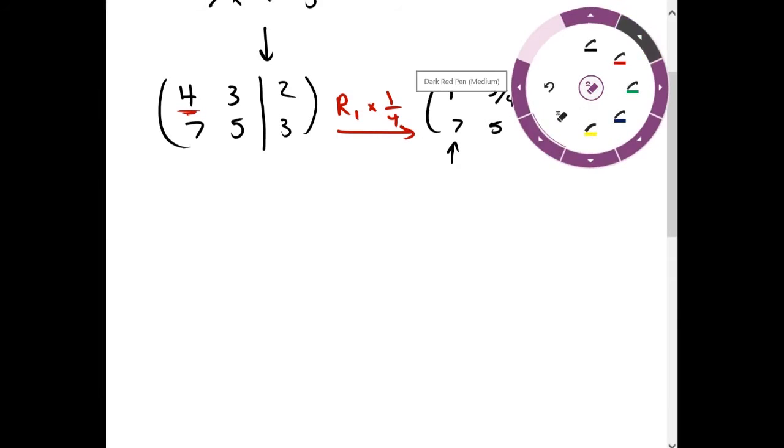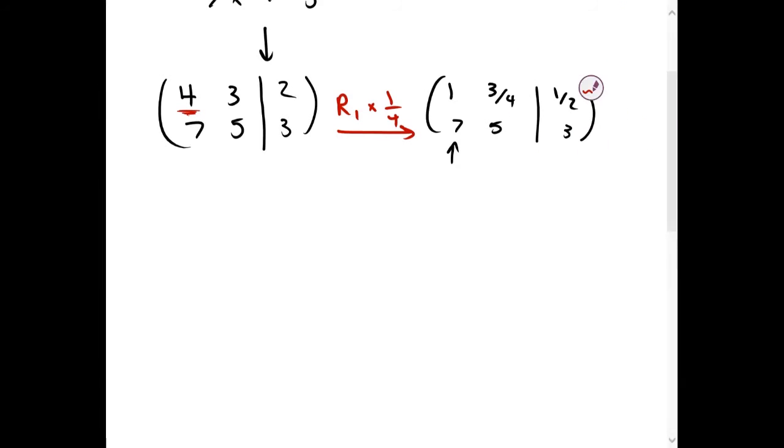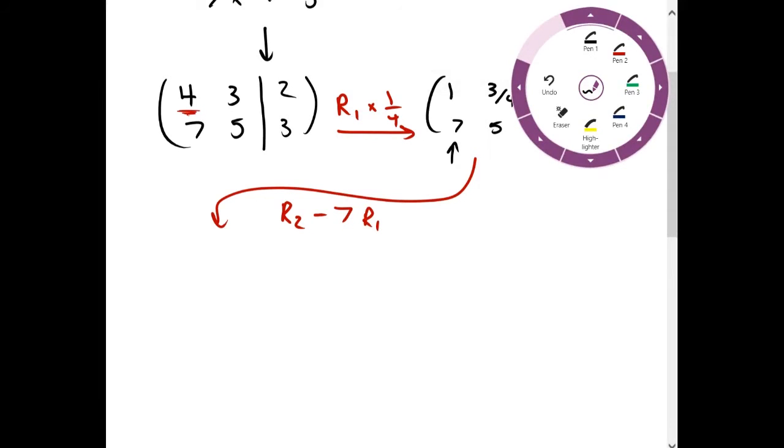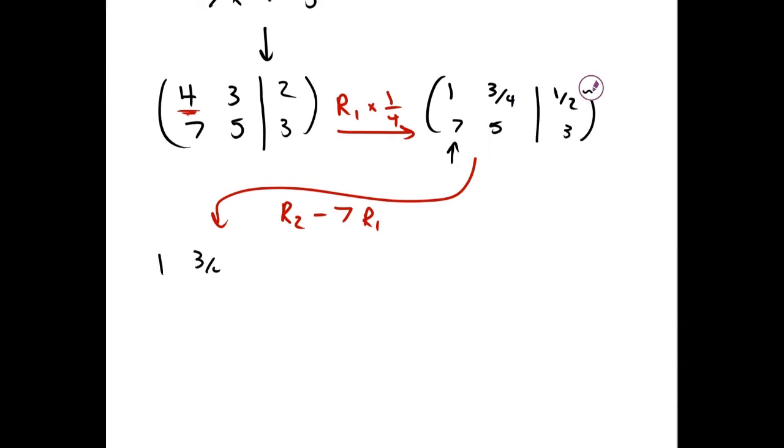Anyway, we need to make that a 0, so we're going to use the other allowed operation, which is to add multiples of rows to each other. So to R2, we're going to subtract 7 times R1. So our first row stays the same. We're not doing anything to it.